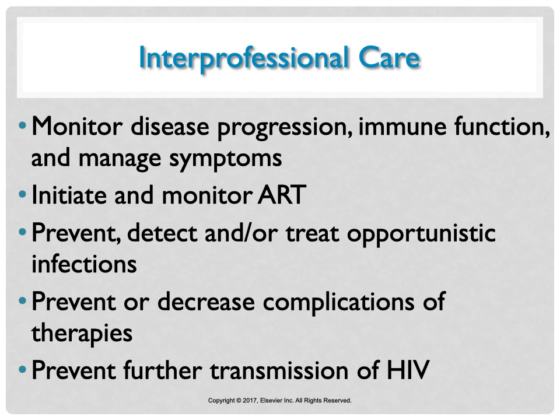Also preventing the development of opportunistic diseases, detecting and treating opportunistic diseases, managing symptoms, preventing or decreasing complications of therapy, and preventing further transmission of HIV. Often that's done through education with public health nurses.